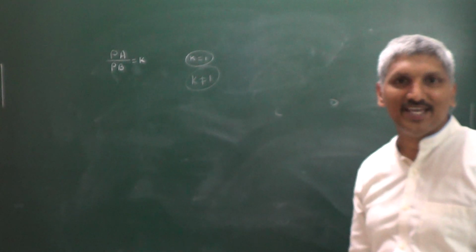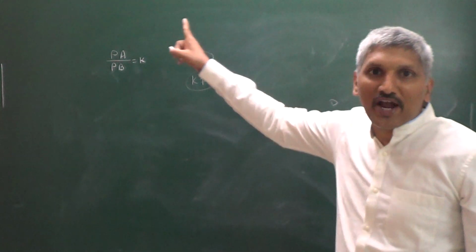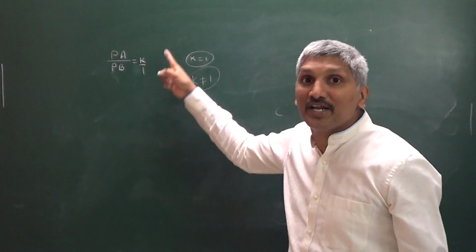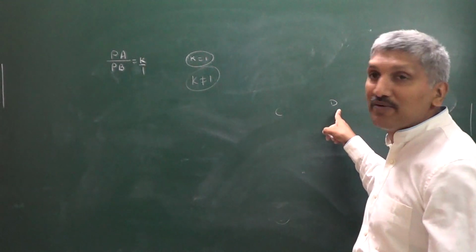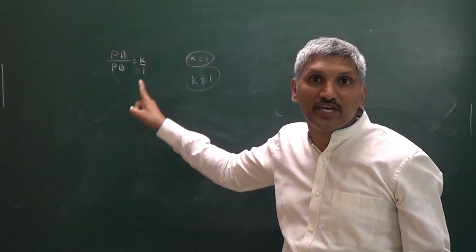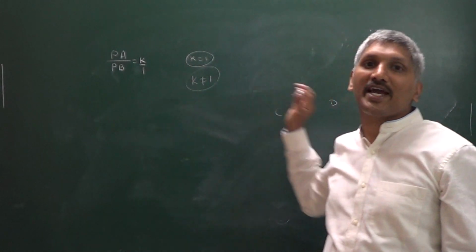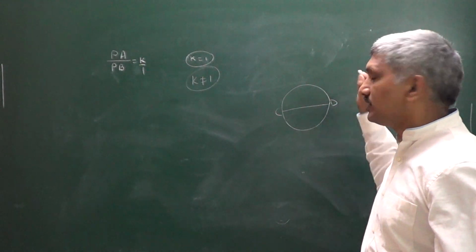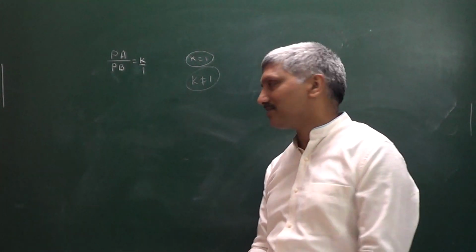What is C? C divides the points A and B in the ratio K:1 internally. D divides the points A and B in the ratio K:1 externally. So that circle's diameter is CD. That is the discussion, right?